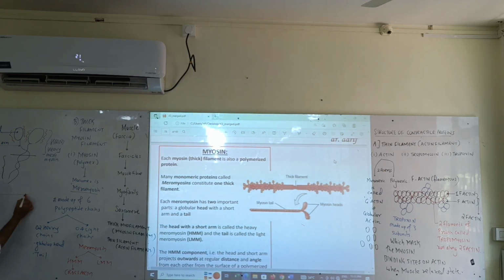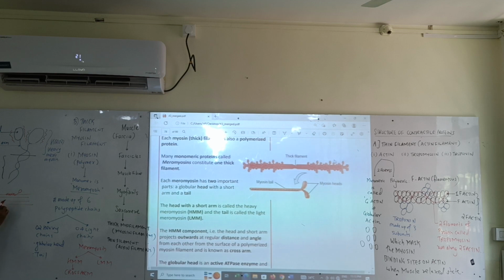अरे ये कौन है? मायोसिन है. मायोसिन का ये कौन सा पार्ट है? टेल, मतलब LMM. And do you see the short arm and the head protrudes out, projects outward at regular intervals? Yes or no? What did I say?